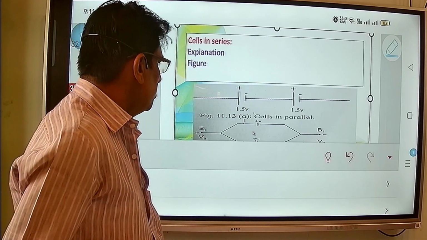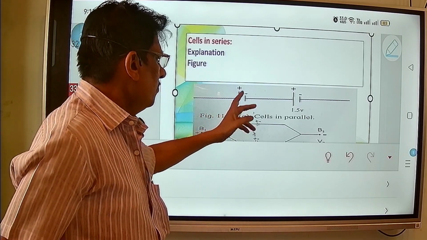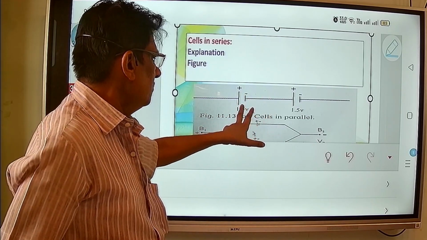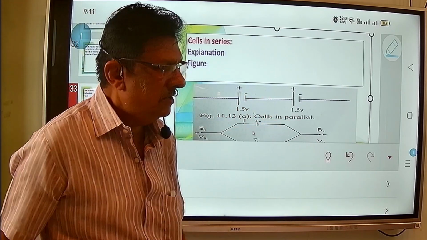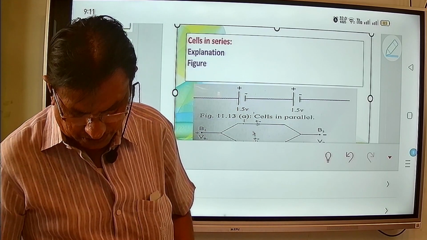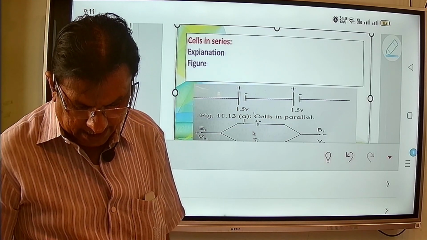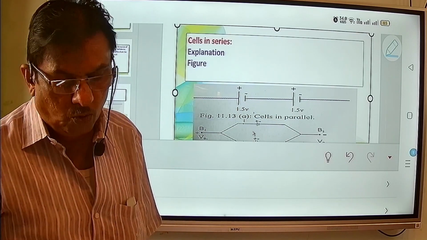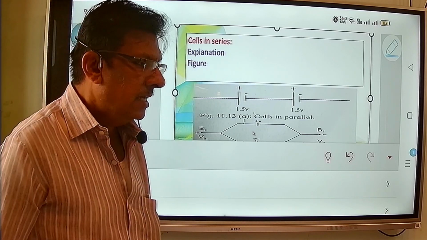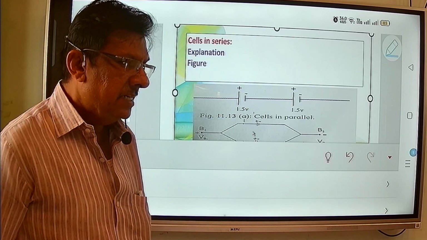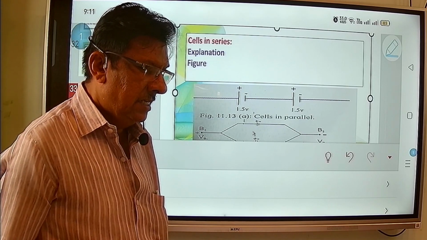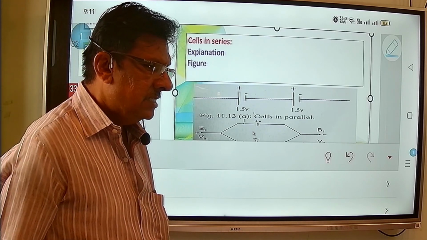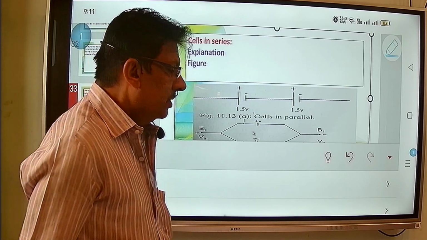So in this situation, since we are taking two batteries, 1.5 plus 1.5 will give you 3 volt. And in series, the equivalent series resistance Rs is equal to R1 plus R2.